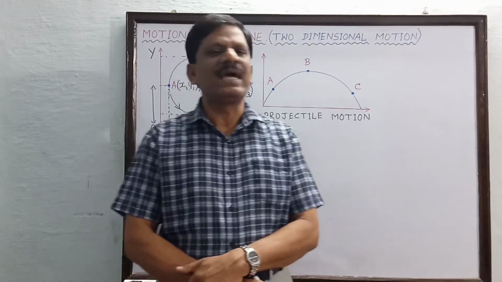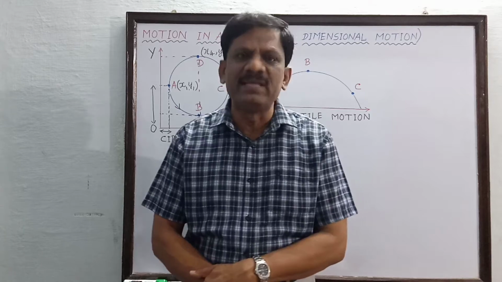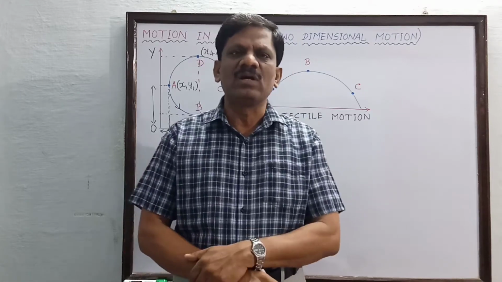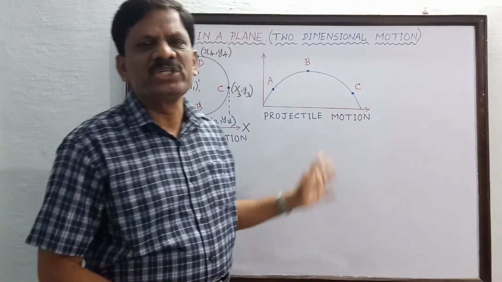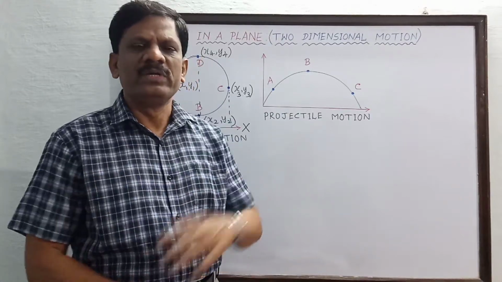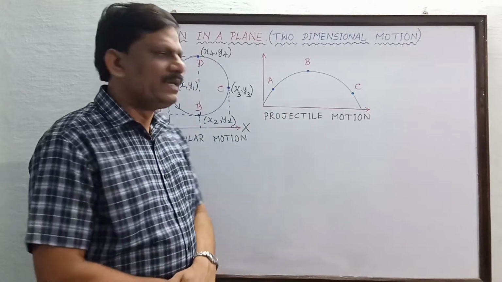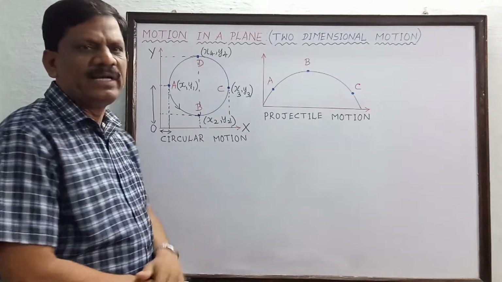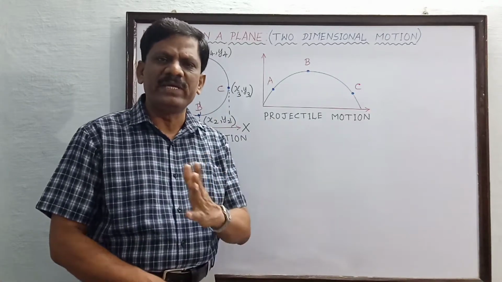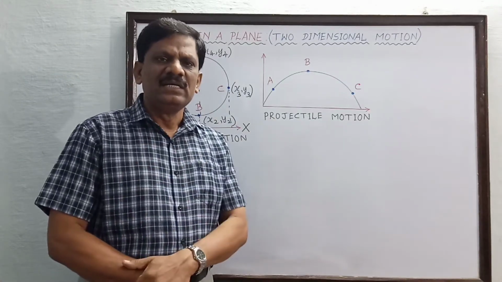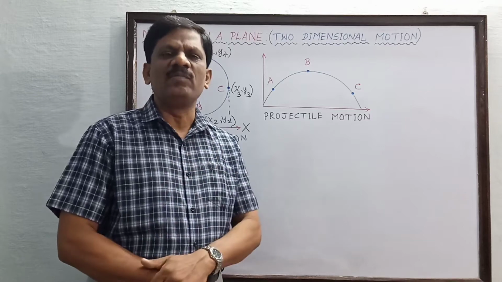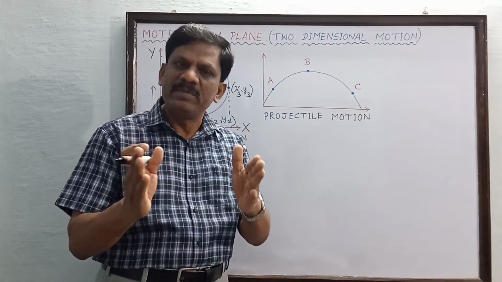And since it is confined to a single plane surface, it is also called motion in a plane. In this example, I have taken a two-dimensional Cartesian coordinate system, namely x and y coordinates, and hence the plane in which the motion of the body takes place is called the xy plane.